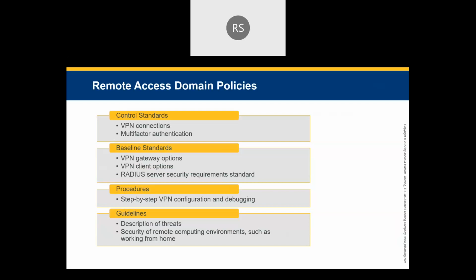Now, the procedures within the remote access domain provide step-by-step instructions for configuring and troubleshooting VPN connections. So these processes cover aspects such as VPN setup, authentication configuration, encryption protocols, and debugging techniques.